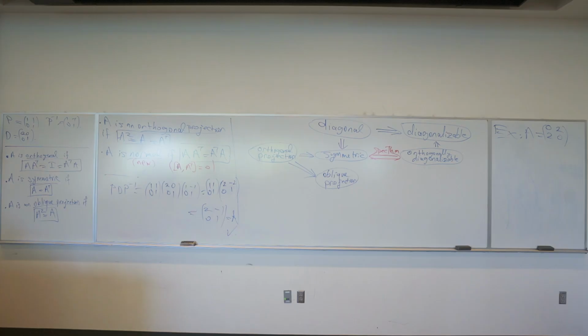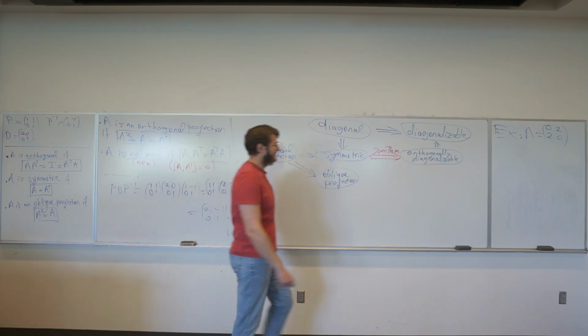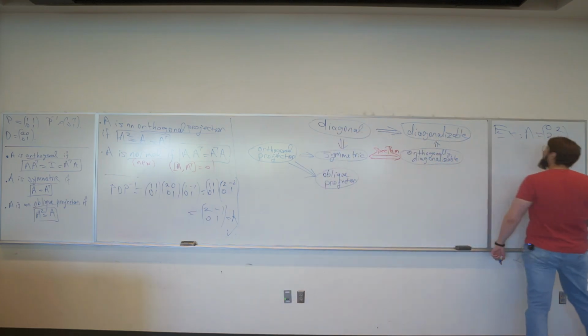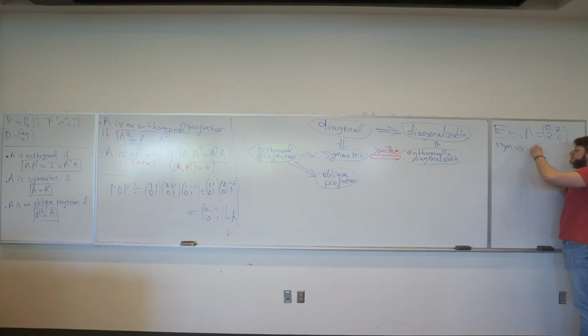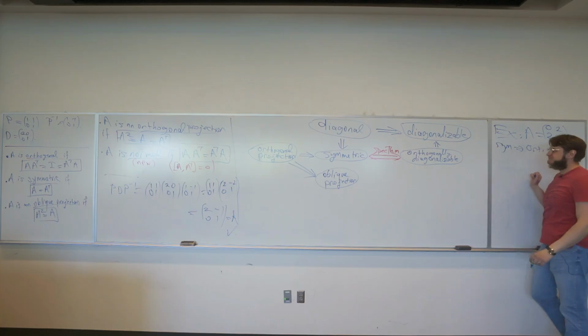But I don't get to say, oh, the eigenvalues are 2. It doesn't work like that. Well, in this case, I guess it does, but don't do that in general. So what are the eigenvalues? So symmetric, orthogonally diagonalizable.